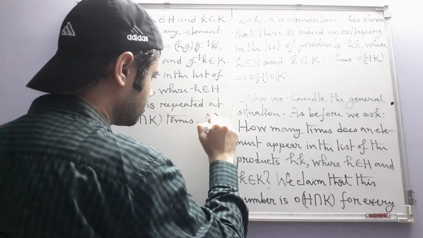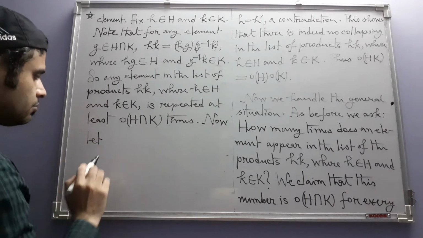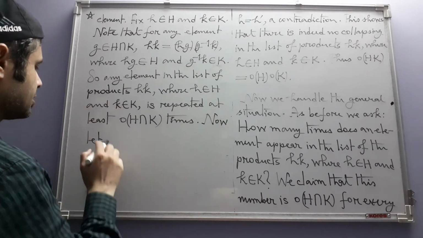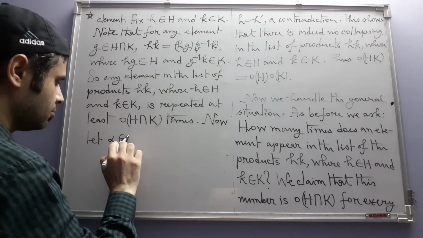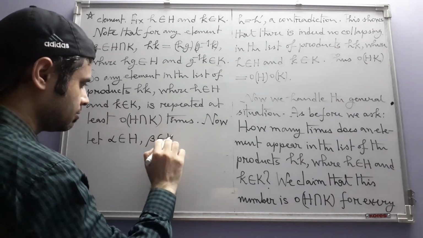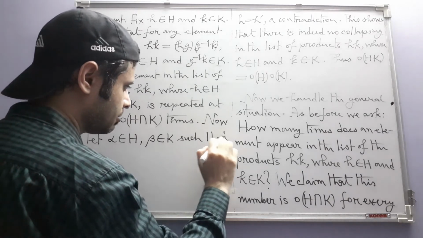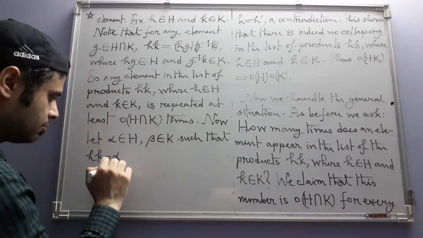Now let us take alpha and beta. Let alpha belong to H, beta belong to K, such that hk is equal to alpha beta.